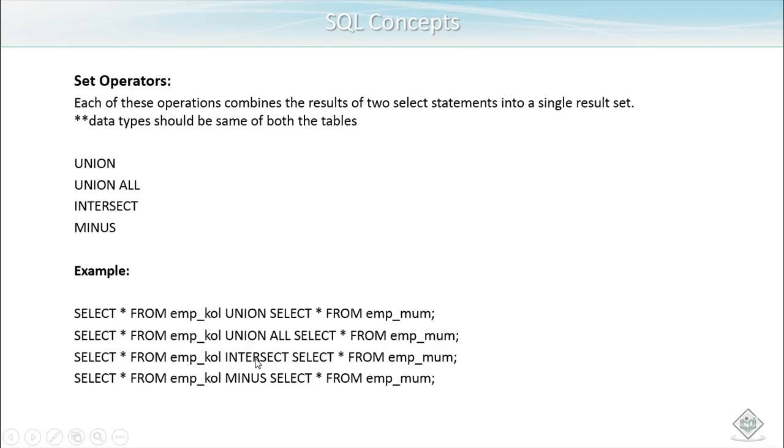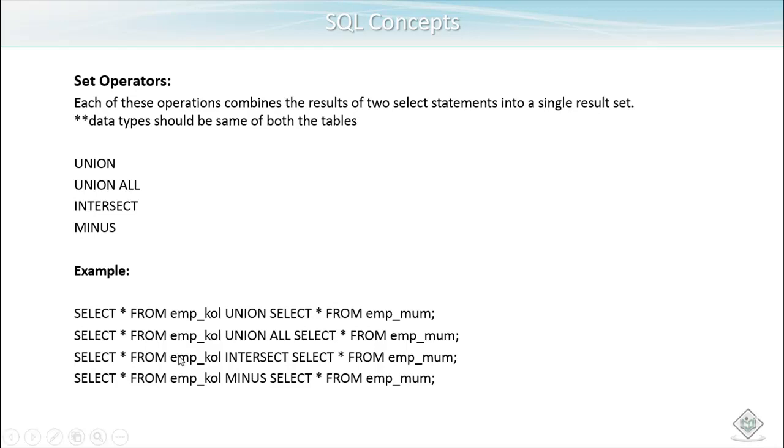Then we have the set operators. The set operators are union, union all, intersect, and minus. Each of these operations combines the results of two select statements into a single result set. But the condition is that the data types have to be the same for both the tables.